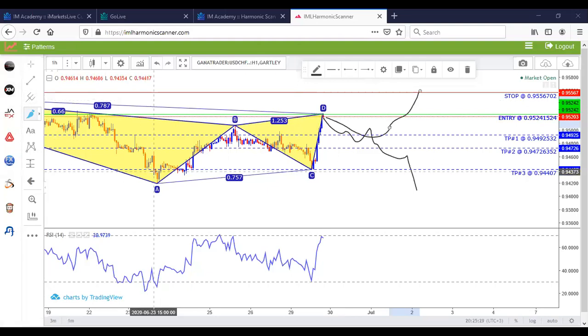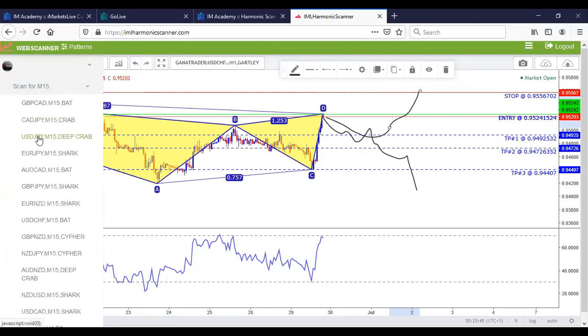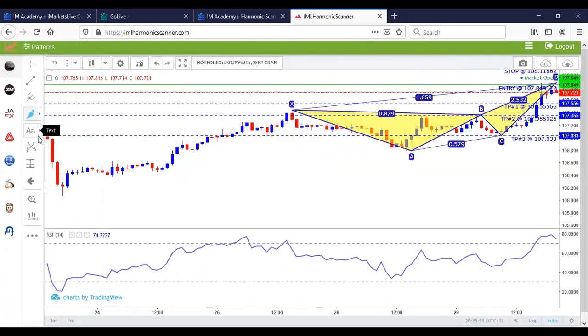Let's see if we can get another scan, which is for a buy. So you come here, these are brokers, they have scanned the market. We have 15 minutes and 1 hour. Let's go for 1 hour. Since this is 1 hour, yes, let's just go for 15 minutes and select UJ. That's another sell.